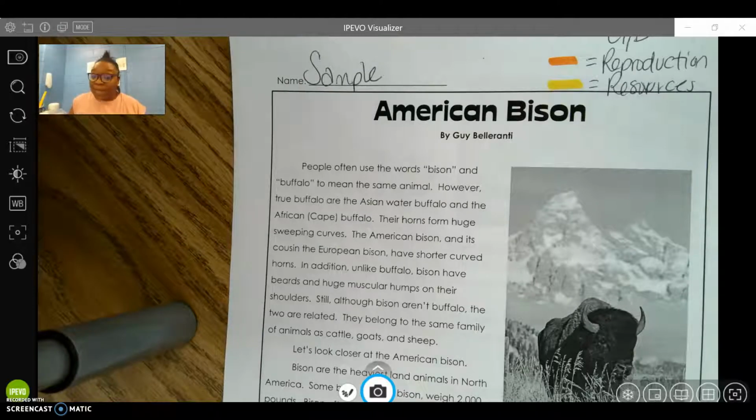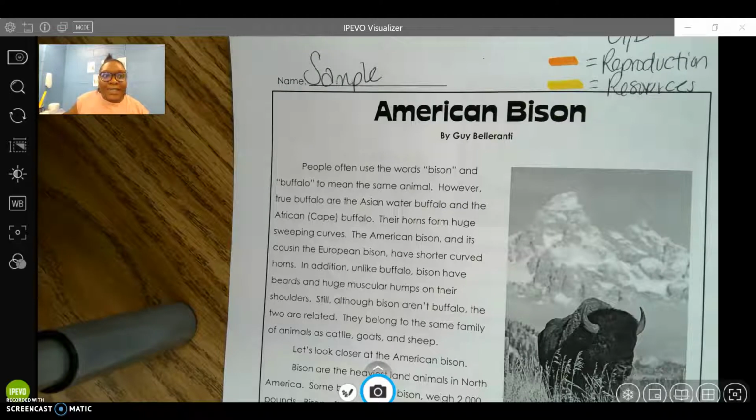In addition, unlike buffalo, bison have beards and huge muscular humps on their shoulders. Still, although bison aren't buffalo, the two are related, like cousins. They belong to the same family of animals as cattle, or cows, goats, and sheep.